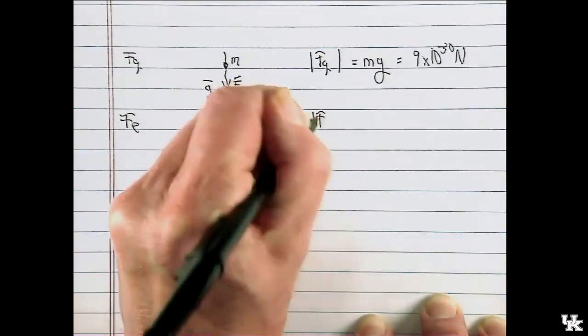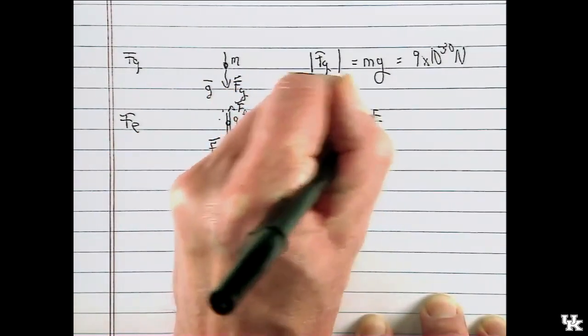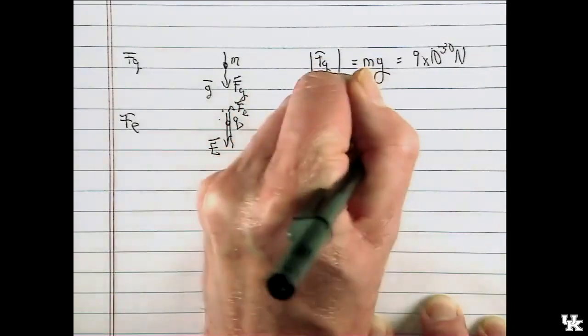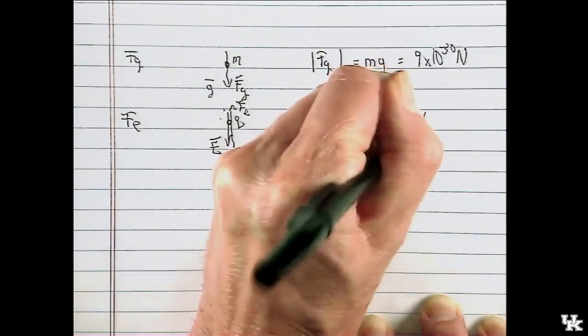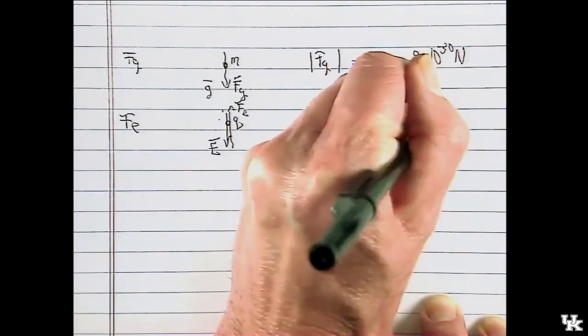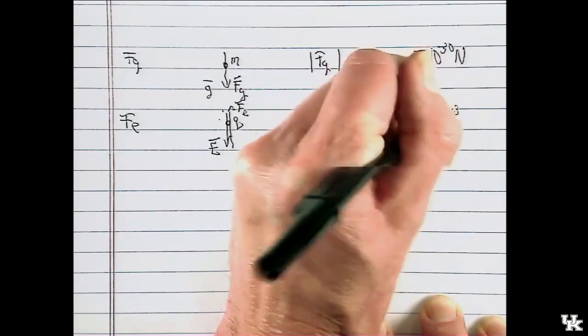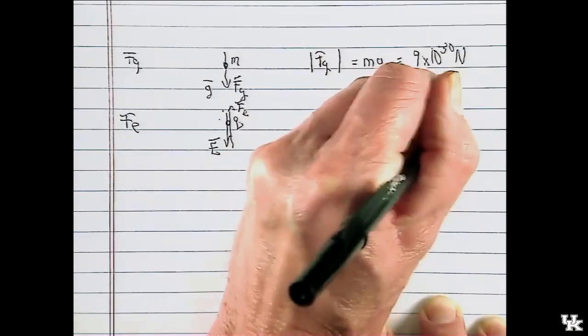If I want the size of the electric force, it's just Q times E. I'm just worrying about the size, so I'm multiplying the size of the charge times the size of the field. It's 100 newtons per coulomb times the charge of an electron, 1.6 times 10 to the minus 19 coulombs. That gives you 1.6 times 10 to the minus 18. No, 17, because 100 newtons per coulomb. Newtons.